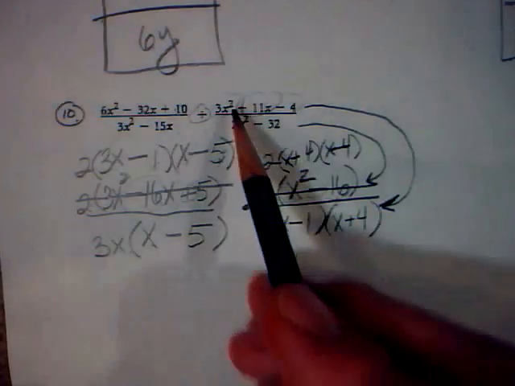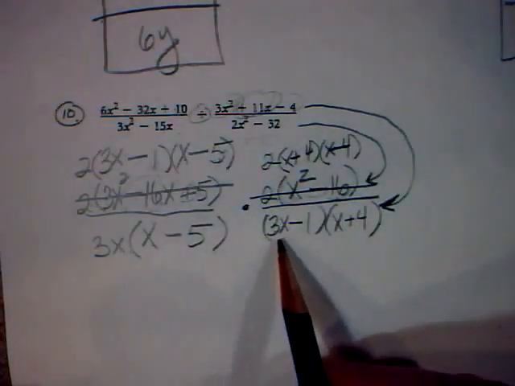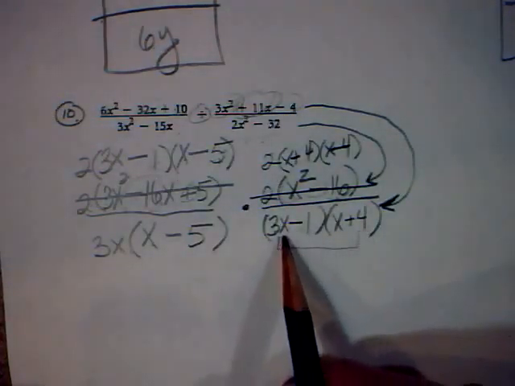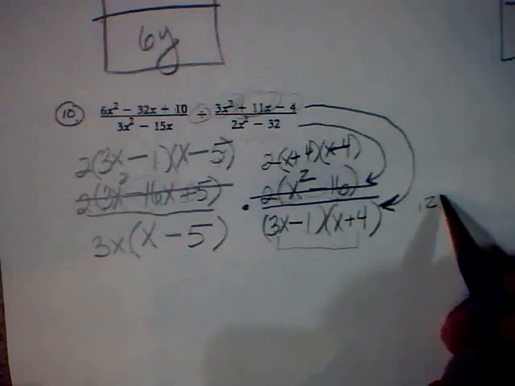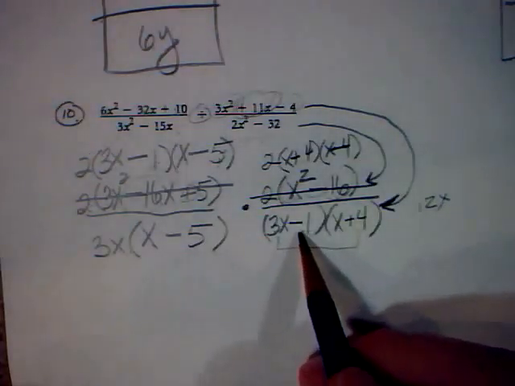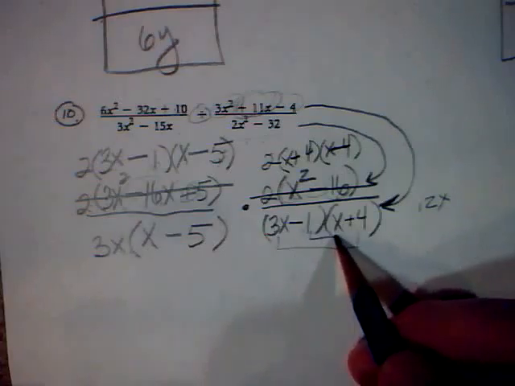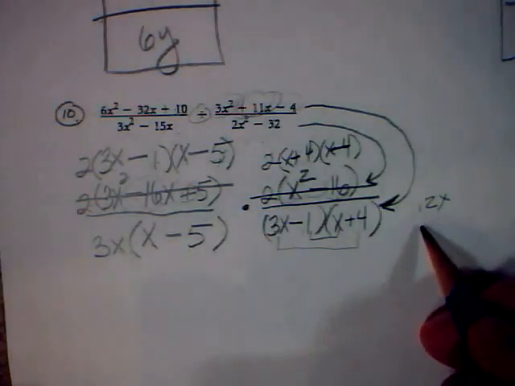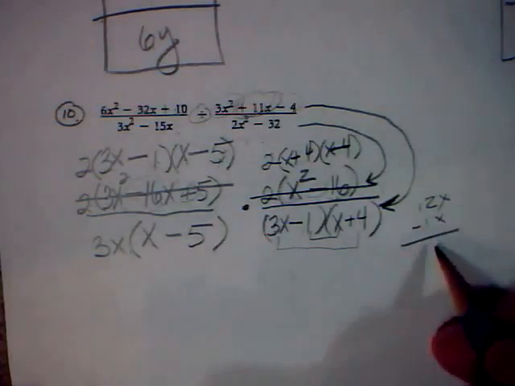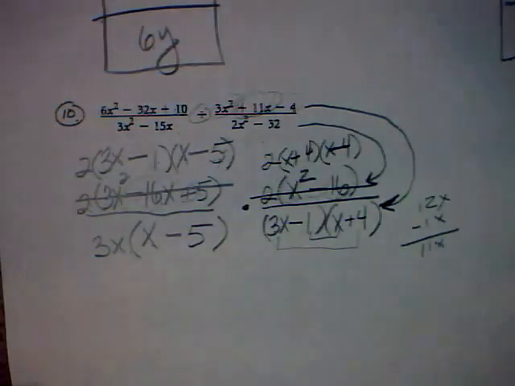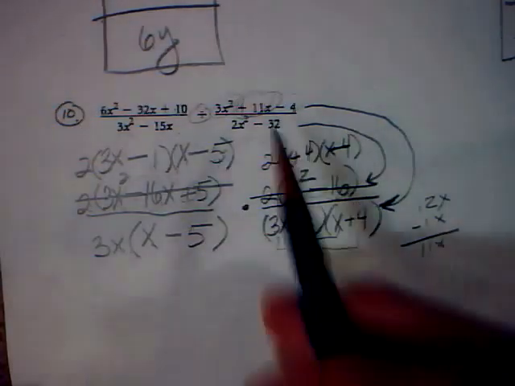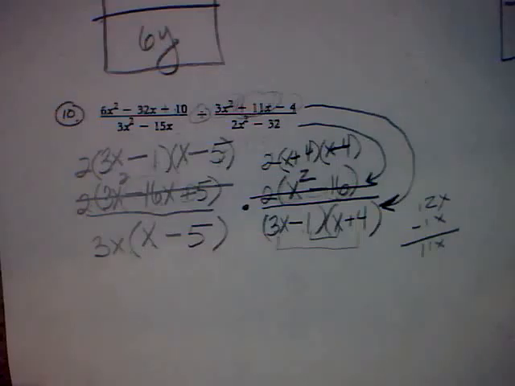What we need to do is make sure we get a positive 11 with our outers and our inners. Well, if we multiply 3x times 4, you get 12x. If you multiply negative 1 times positive x, you get negative 1x. When you add these together, what do you get? Oh, you get 11x. So apparently that is the right set of factors.